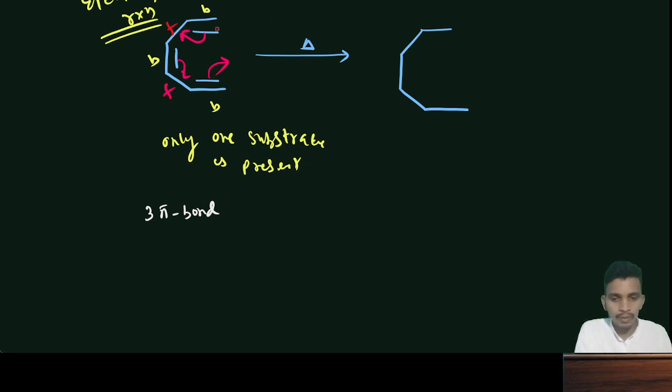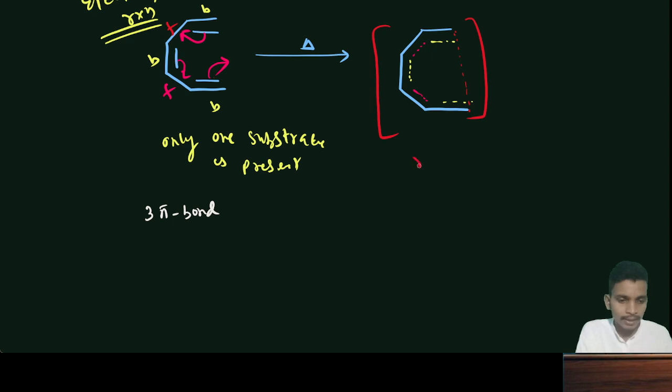Forming means you will draw dotted lines like this, because breaking and forming are happening here. Then here is breaking, and here we have that. So this type of transition state will form.